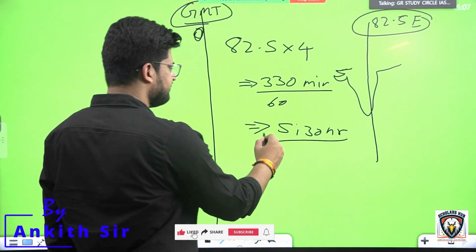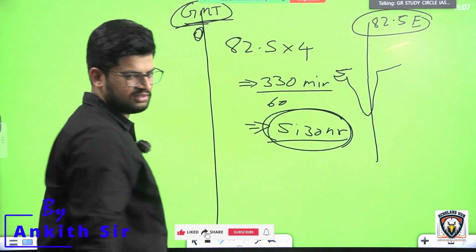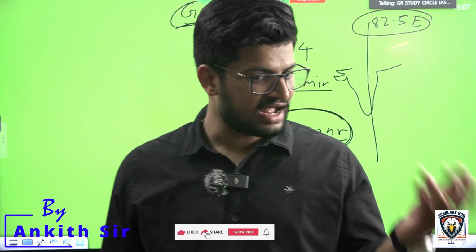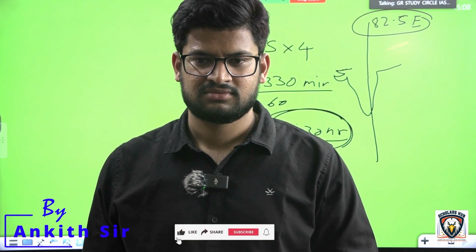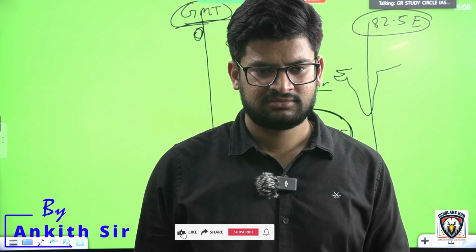So the difference between GMT and Indian Standard Time is 5.5 hours. Is it 5.5 hours ahead or 5.5 hours behind?